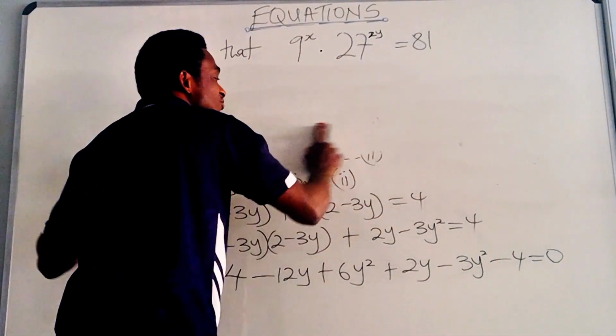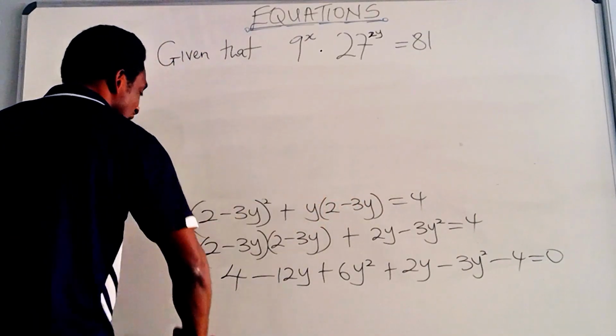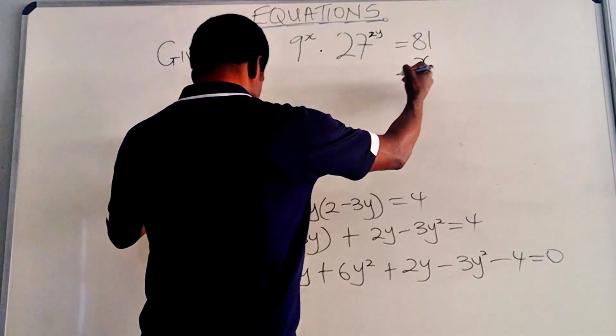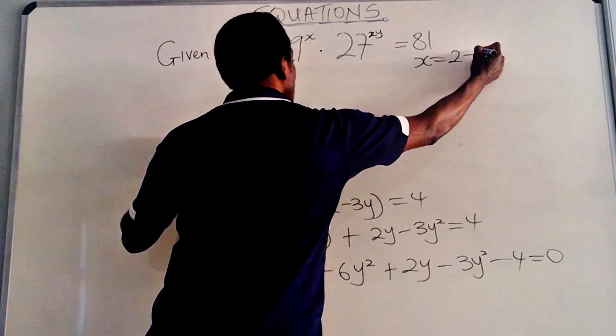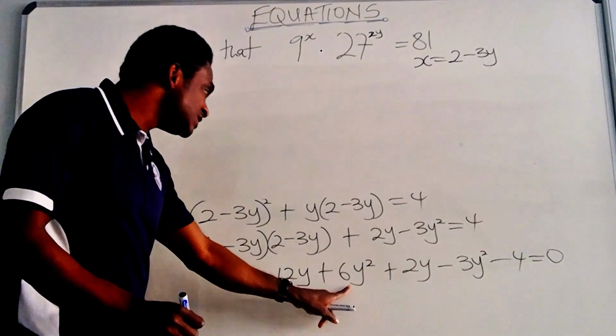Remember, they're asking us to solve for x and y. Our equation 1 is x equals 2 minus 3y. Now let's solve.